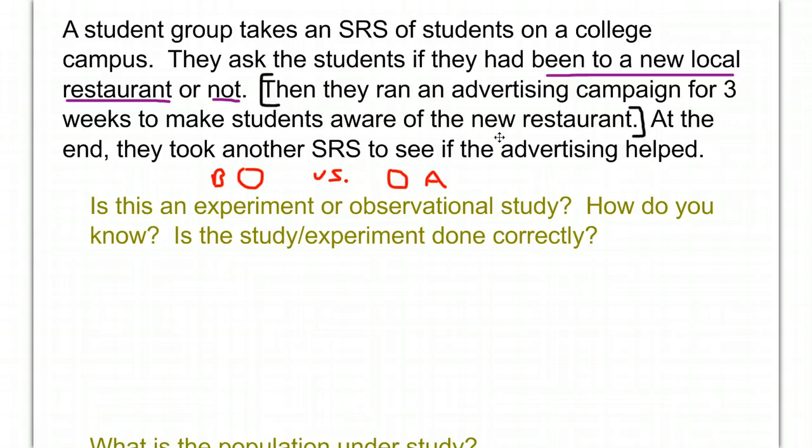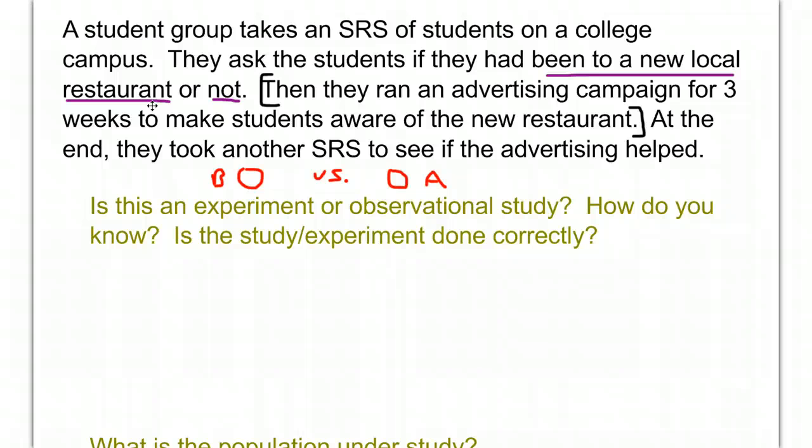The reason that's not an experiment, like I said, besides that control and randomization part, is that other lurking variables could get mixed in. Who knows if it turns out that the restaurant just opened the day before, and so nobody had, of course, really been to it, and even without the advertising, word of mouth would have caused this restaurant to catch on and become popular very quickly.